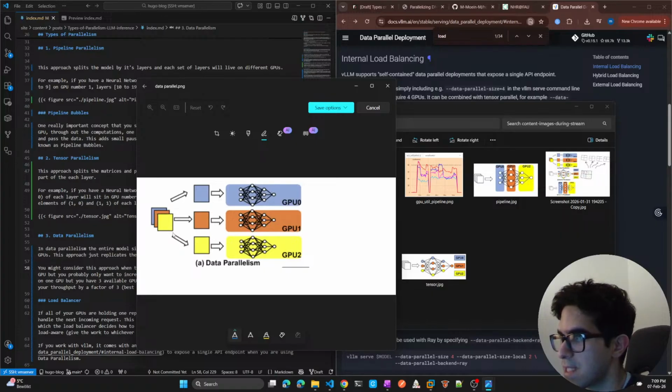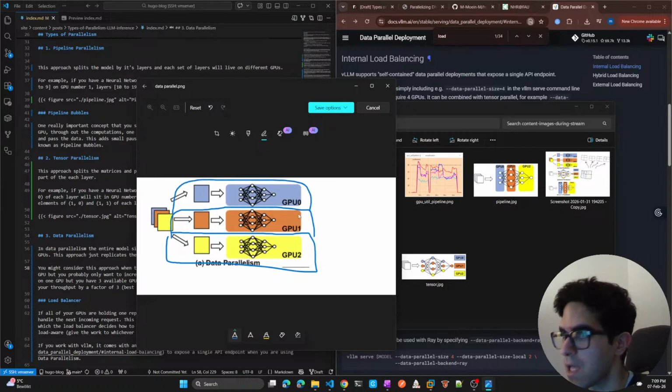Let's say one gives you 10 request throughput, and then if you add another one you get to 20, and then the third one will get you to 30. So it's like one GPU is kind of enough to give you some work.